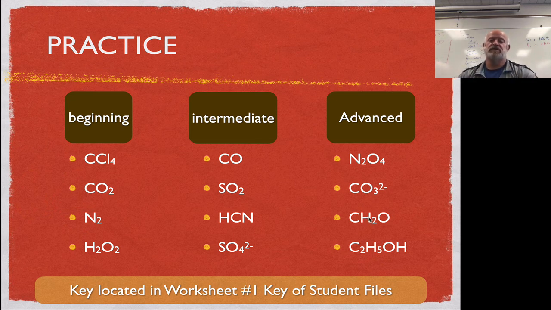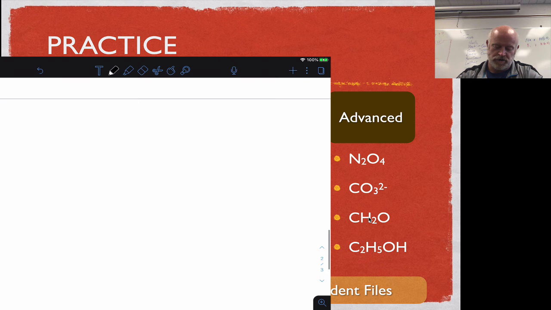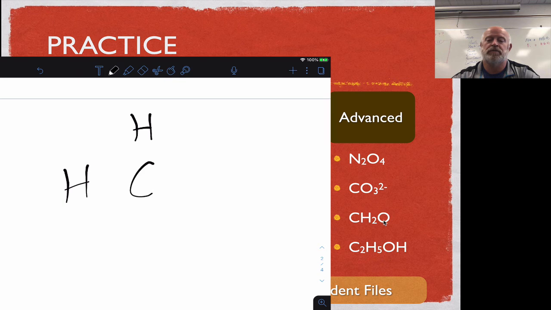So for example, CH2O, what we want to do is say, okay, carbon is written first, so that's going to be in our middle. There's 2 hydrogens coming off of that, so you're going to have 2 hydrogens coming off of it. And then you're going to have an oxygen. Now, oxygen can't attach to hydrogen because it only can have 1 bond. So the only other place it can be is attaching to the carbon, okay?